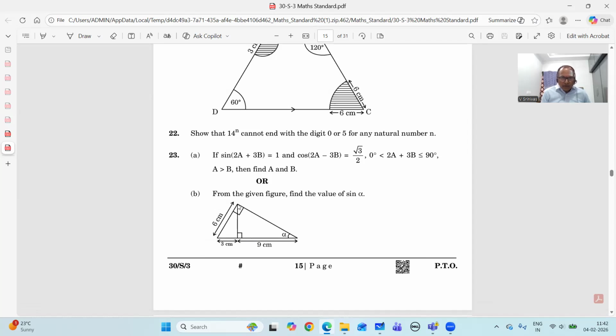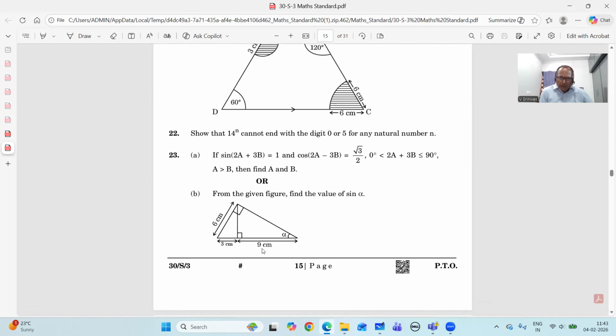From this vertex to this vertex the distance is 6 centimeters. From the foot of this projection to here it is 3 centimeters. From this point of projection to this vertex, the distance is 9 centimeters. We are asked to find the value of sine alpha.